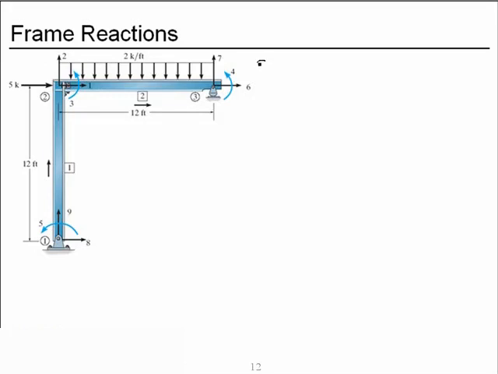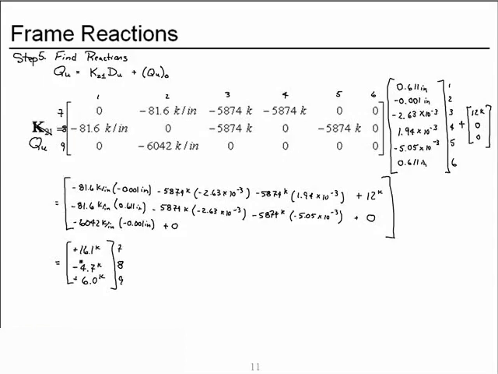And now step 6. Let's compare results. From the stiffness method, we just calculated reaction at degrees of freedom 7, 8, and 9 to be 16.1 kips, minus 4.7 kips, and a positive 6.0 kips.